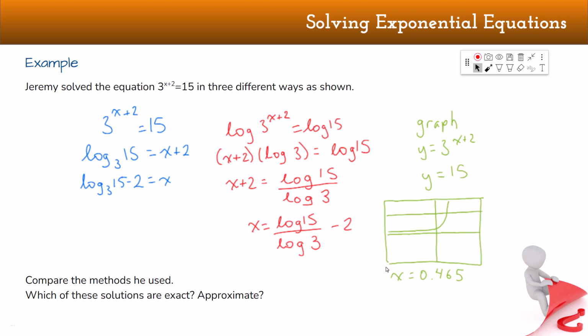So here we get x equals 0.465. So this one here would be the approximate. And you want to keep that in mind and look: are they asking for an approximate, or are they saying round to the 10th decimal place or the 100th decimal place?